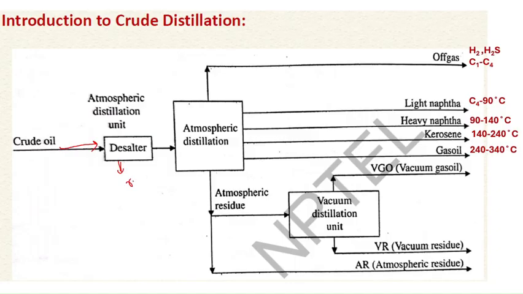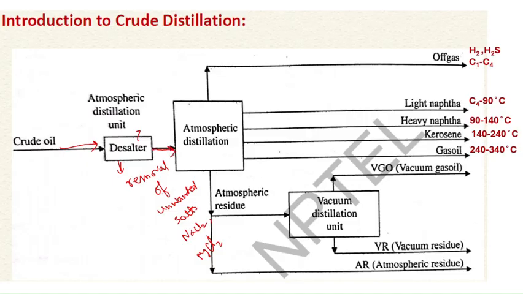Mainly, it is for the removal of unwanted salts which are present in the crude oil, salts such as NaCl and MgCl2, and various other salts. All these salts may cause fouling and scaling of the distillation column. So before sending this crude oil into the distillation column for atmospheric distillation, we need to remove all these salts. We will be discussing this desalter in detail.